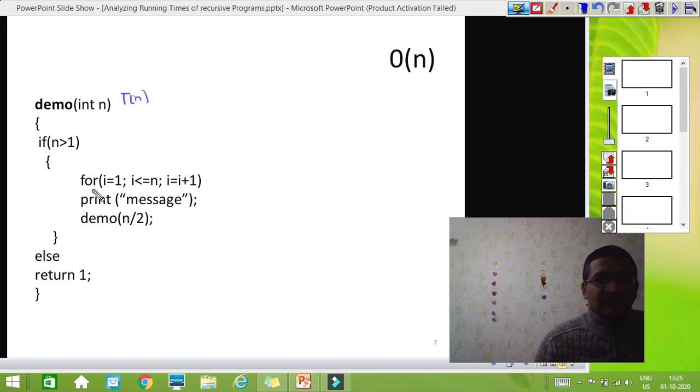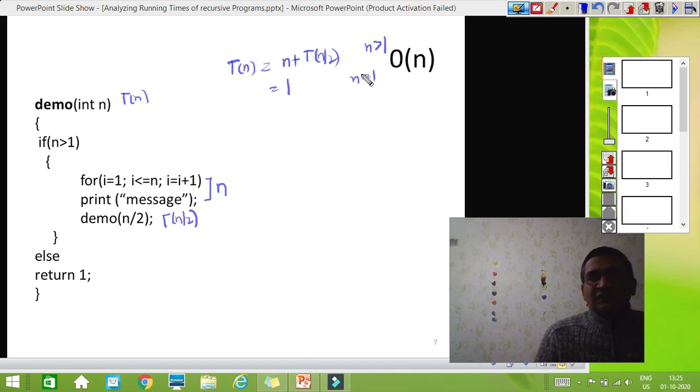So that means the cost of this is actually n, and then we can represent as T(n/2), and this is our exit condition. So I can write this as T(n) = n + T(n/2) when n is more than 1, and it will return 1 if n equals 1. So this is our equation.